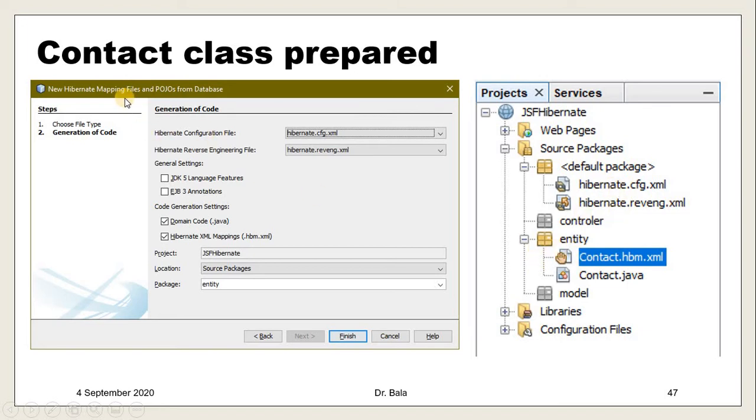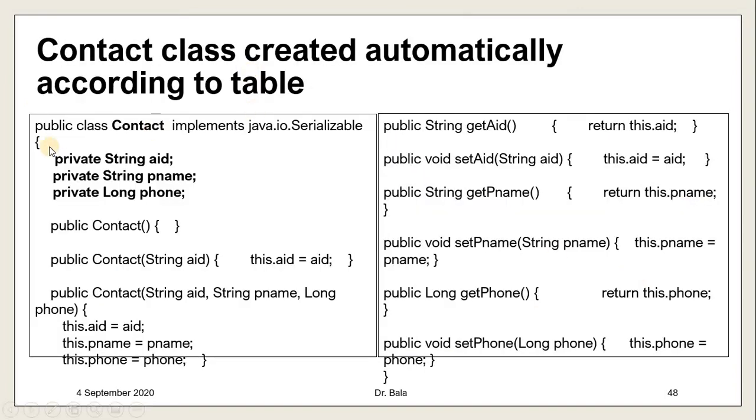We selected Hibernate mapping files and POJOs from database, so it automatically used the previously prepared configuration files, and once you click finish, it automatically prepared the contact hbm.xml file and the table-related Java file, which has three attributes: ID, person name and phone number. Based on the table attributes only, it generates the class attributes. Okay, now let's see the class. Contact is a class, it is generated automatically.